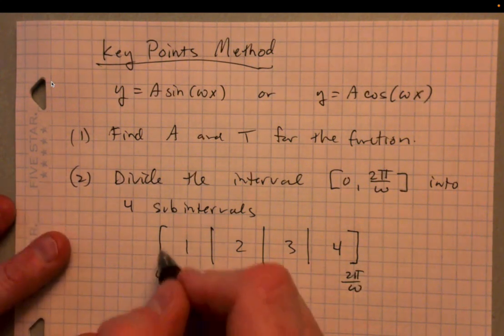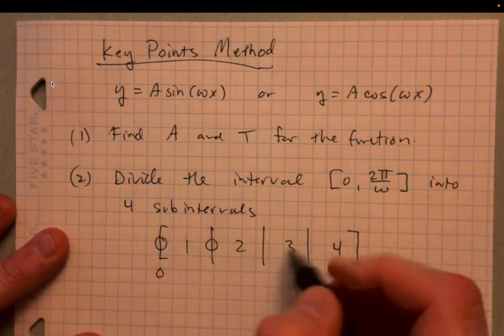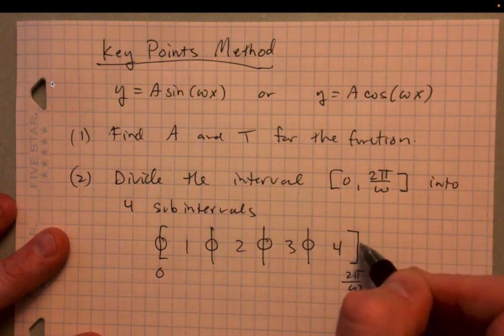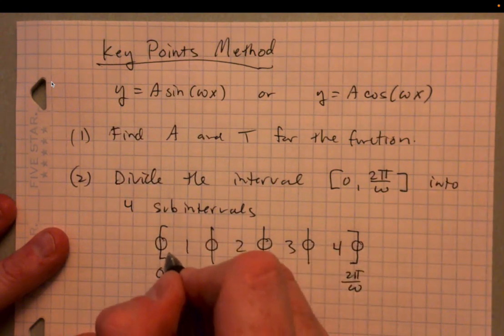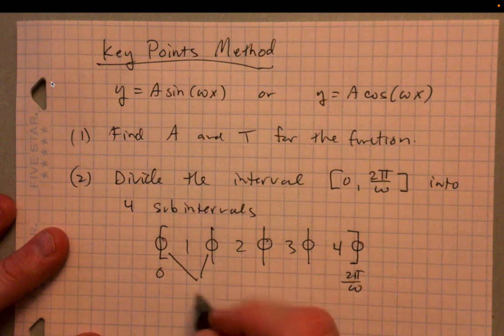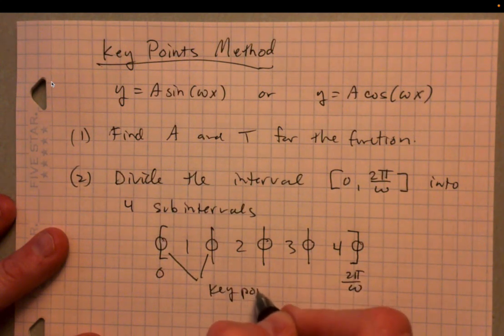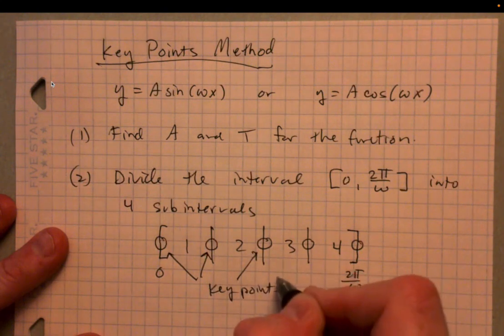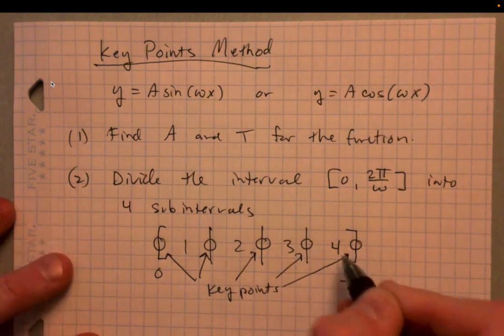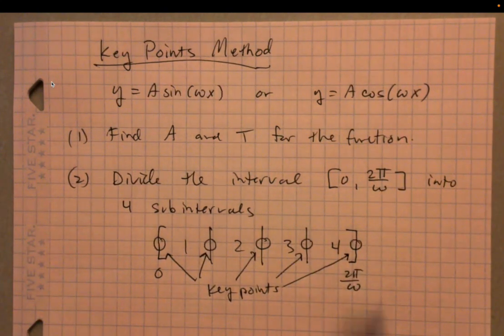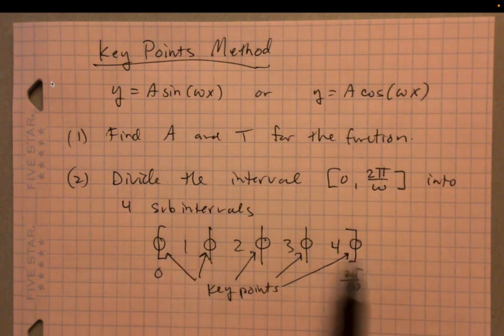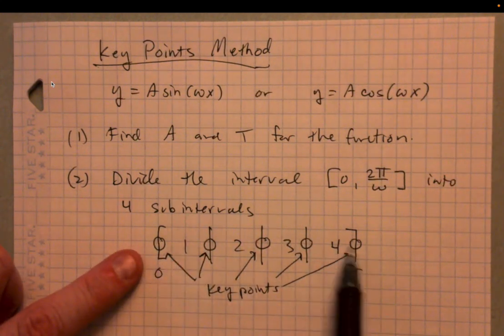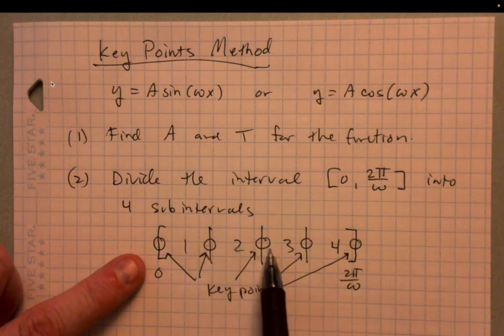Now, the key points are going to take place at these cutoffs. So these are the key points. By this step you'll already know the two ending key points, the first key point and the last key point. The middle three are easy to find.